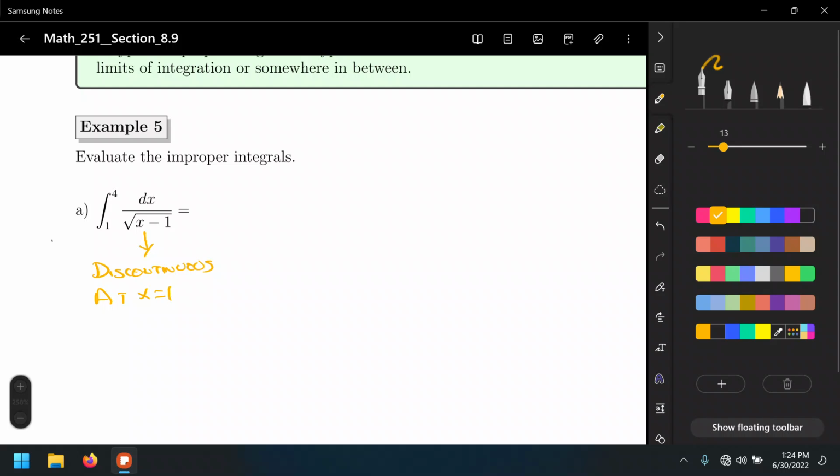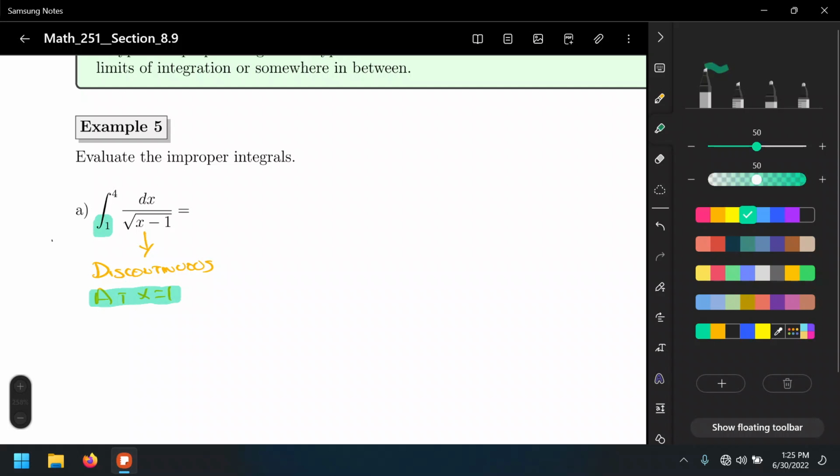Why? Because if you plug in 1, you're going to get 1 over the square root of 1 minus 1, a 0 in the denominator. So we have a discontinuity at 1, and this one happens to be at the same time the lower limit of integration. So this falls in the category of an improper integral.